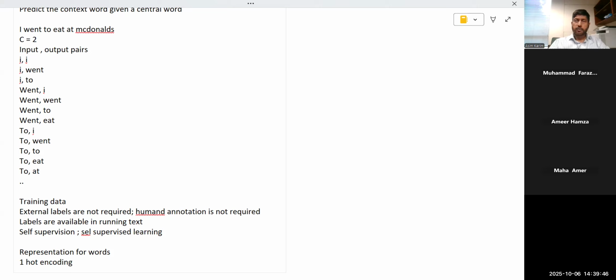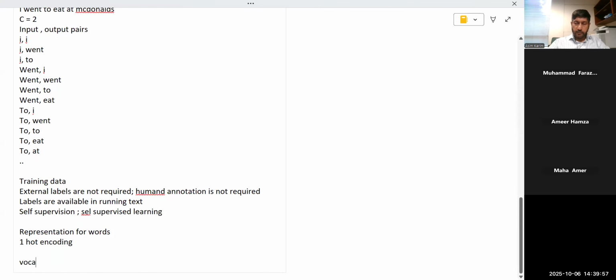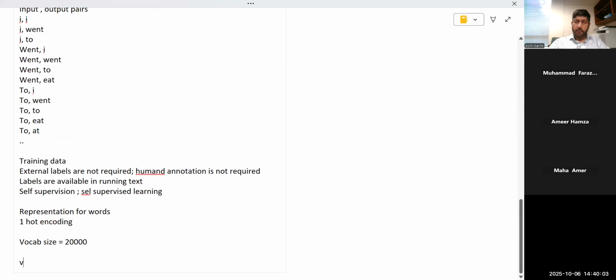meaning huge vectors with just one at the place where that word appears. So let's say vocab size, again just take an example, let's say is 20,000. So you will have vectors of length 20,000 representing each word, okay? And you will have some specific ordering for these elements in the vector.